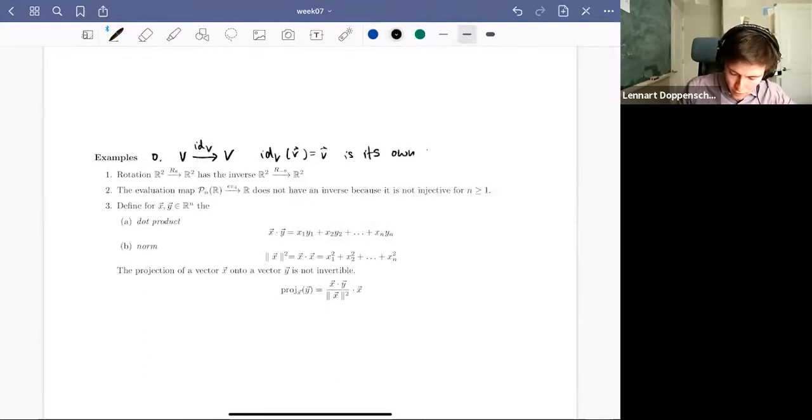It is its own inverse, because if you compose ID V with ID V, well, guess what? It is ID V. So it's kind of an extreme example, but it is nonetheless an example of an invertible transformation. Any questions to that?